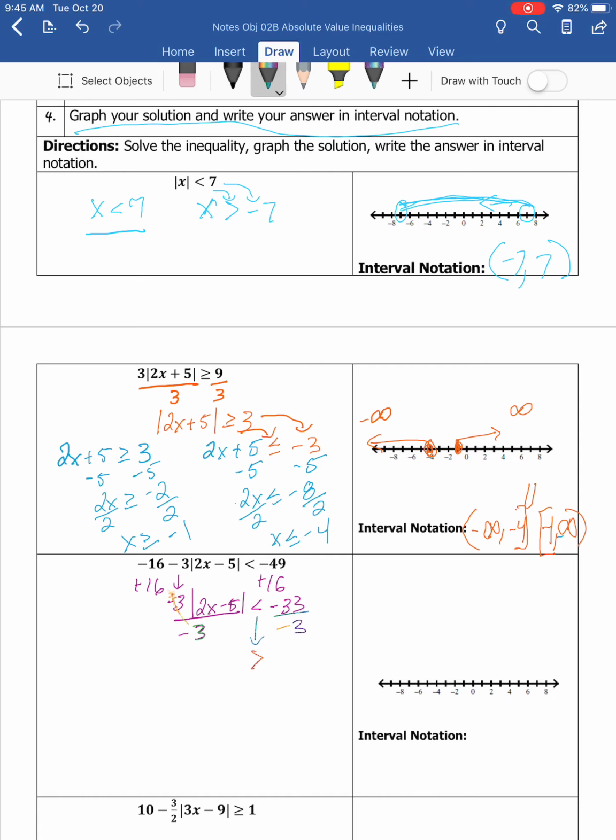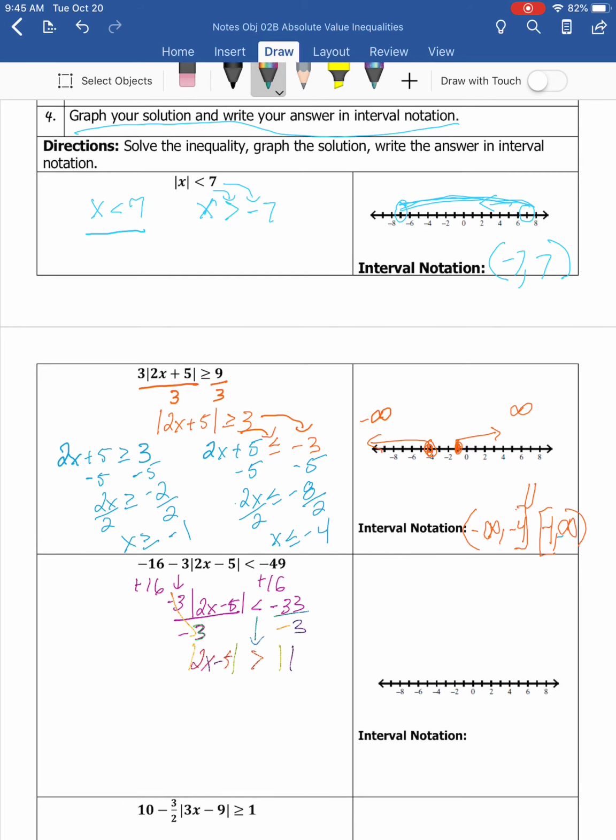And so this ends up being the absolute value of 2x minus 5 is greater than positive 11. So again, make sure that you switch your inequality symbol when you divide or multiply by a negative. So be careful with that.